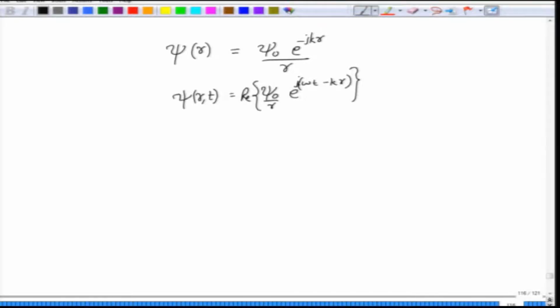See, we have made one major assumption here. We have discarded the vector nature of the light. We do know, of course, that light consists of electric field and magnetic field, and the proper way to address light, especially light propagating in free space, would be to think of light as a vector field, right. However, the vector diffraction theory is much more complicated than the corresponding scalar diffraction theory. So, we will not consider the vector diffraction theory.